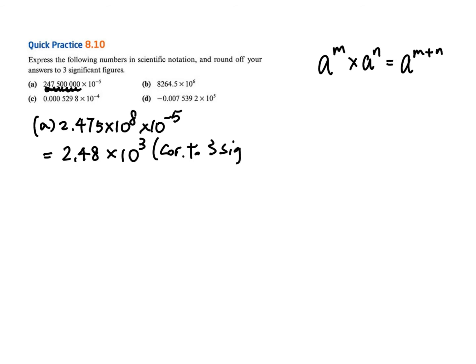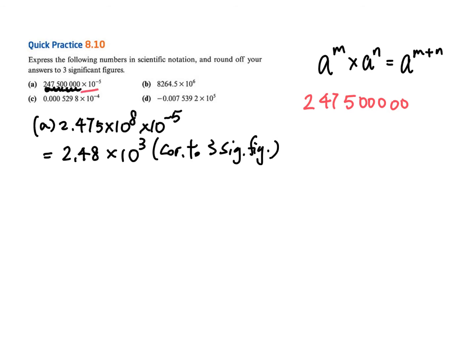So this one is the first method. And then the second method is that you calculate the question first. So here for this one, 247500000 times 10 to the power -5.